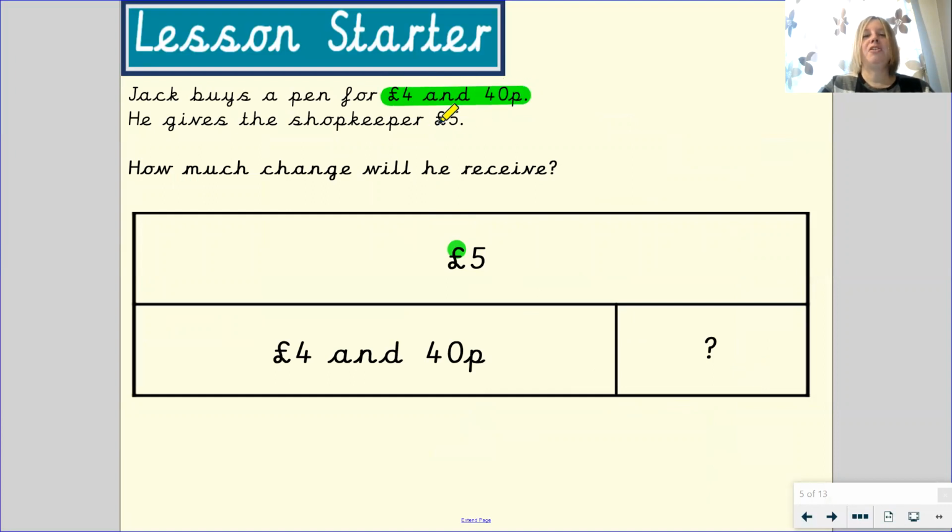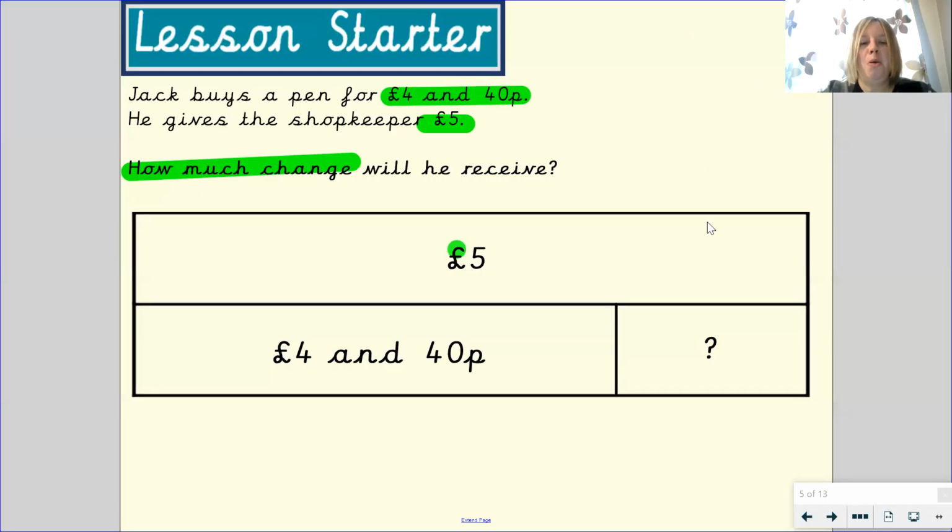He gives the shopkeeper £5. How much change will he receive? So we need to now work out how much change that Jack will get from the shopkeeper.